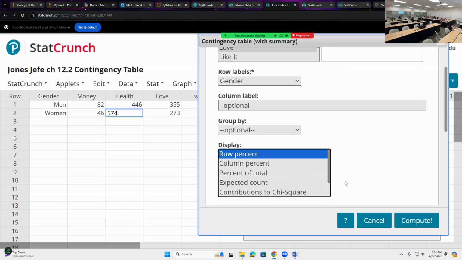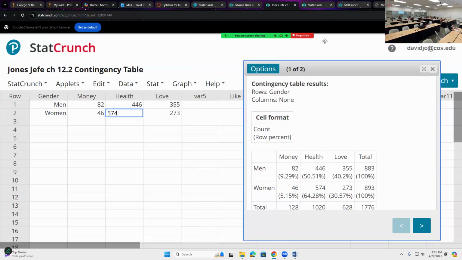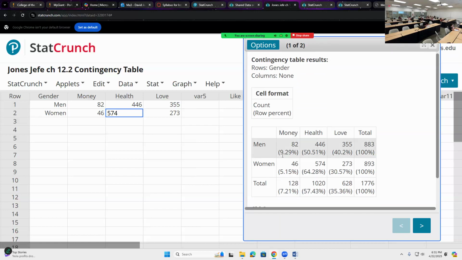Look at the other options real quick. If you say do it by row percent, what it's doing is telling you what percent for each row is the columns. So for men, 9.3% of men said money, 50.5% said health, and 40.2% said love.